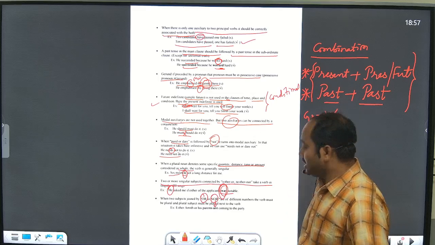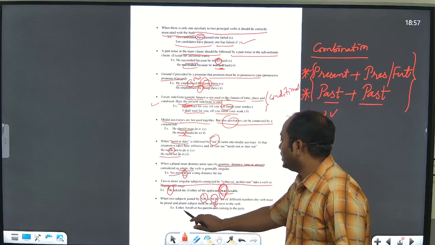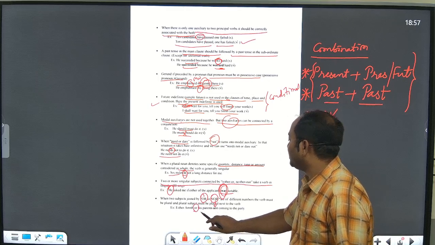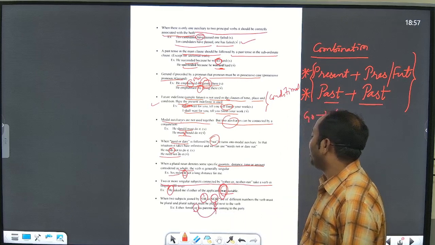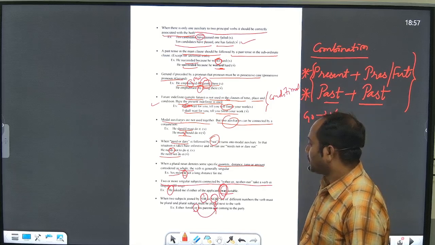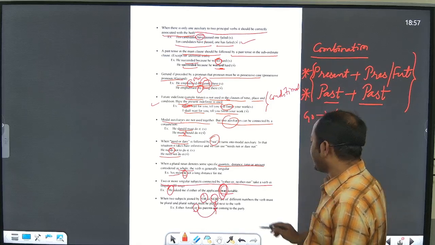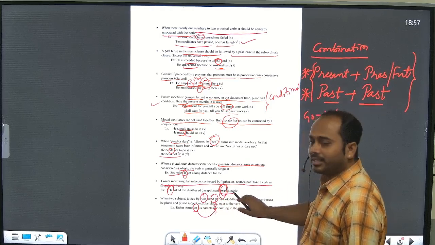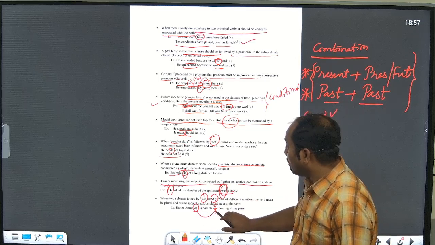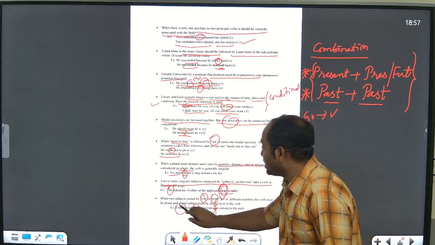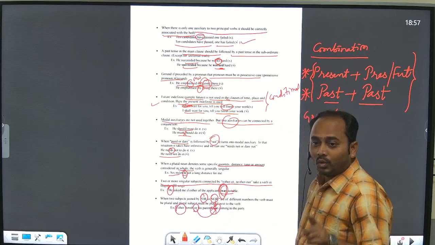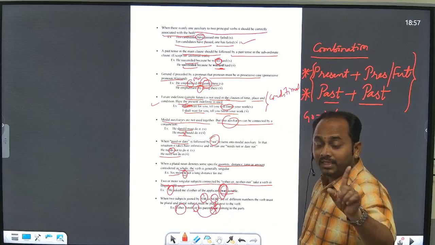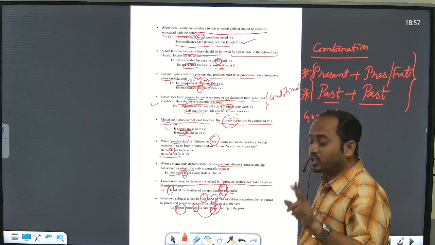Nor, or means plural verb. See, either Amit or his parents are coming to the party. Once again, check it. Only either, neither means singular. Either or, neither nor, where both words are mentioned, means plural. Clear? Only either, neither means singular verb. Either or, neither nor is used means plural verb.